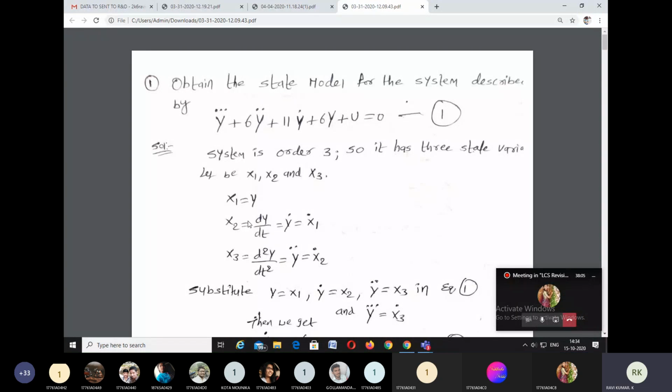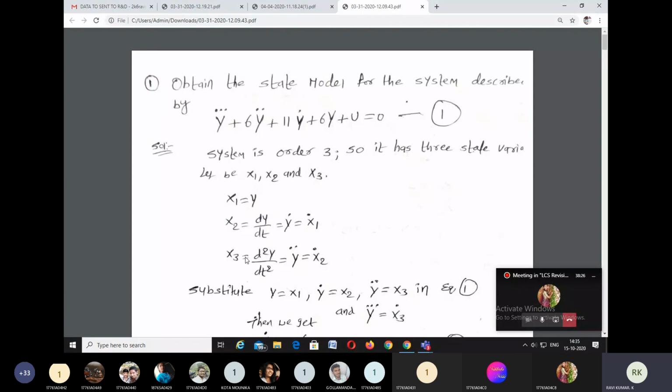Remember that point. So what are the states here? The velocity and the acceleration. If y is the displacement, then x1 and x2 are the displacement and velocity. Like that, we are assuming the system behavior as x1, x2, x3, where x1 is equal to y, x2 is equal to x1 dot, and x3 is equal to x2 dot.